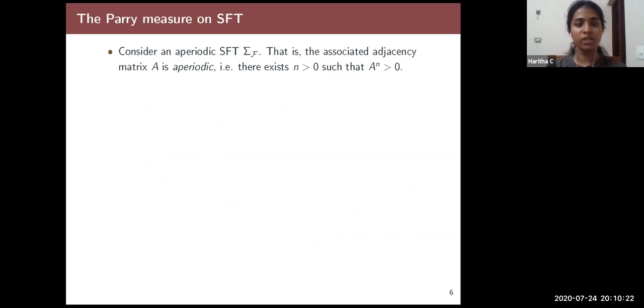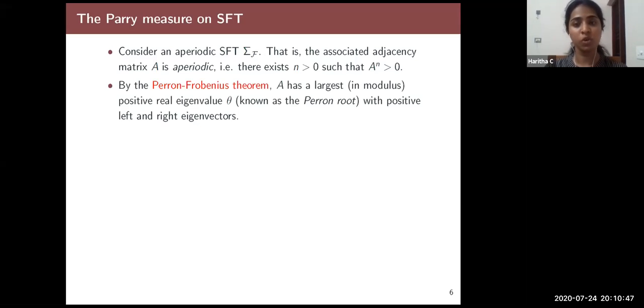So we have a space now and an association to a directed graph. We'll use this to define a measure on this space which is sigma invariant, where sigma is the shift map. For that, we need to assume that this subshift is aperiodic. That means the associated adjacency matrix A is aperiodic, that is, there exists an n such that A raised to n is positive.